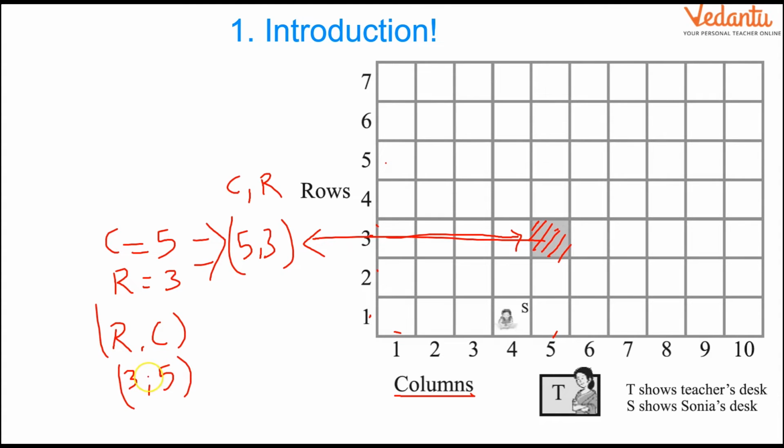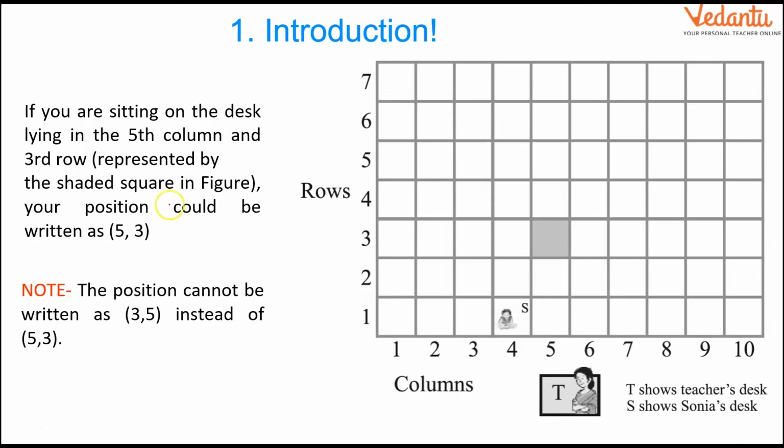But again, we have made that convention. If you remember, we have assumed the horizontal one as the x-axis and the vertical one as the y-axis. So we will always write the x-axis first, meaning the column first and then the row. So we always write this as 5,3, not 3,5, isn't it? And so 5,3 would be my notation.